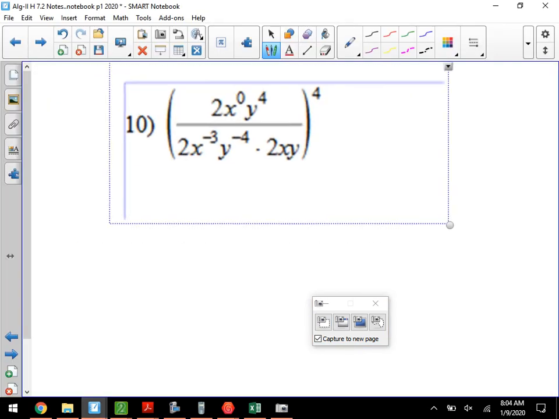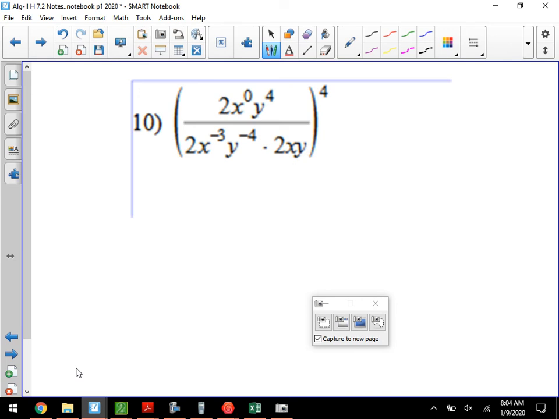All right. So in this one here, first thing I would do is, before I worry about my exponent, that 4th degree, I would look at the stuff on the inside. What's 2 over 2? So those go away.